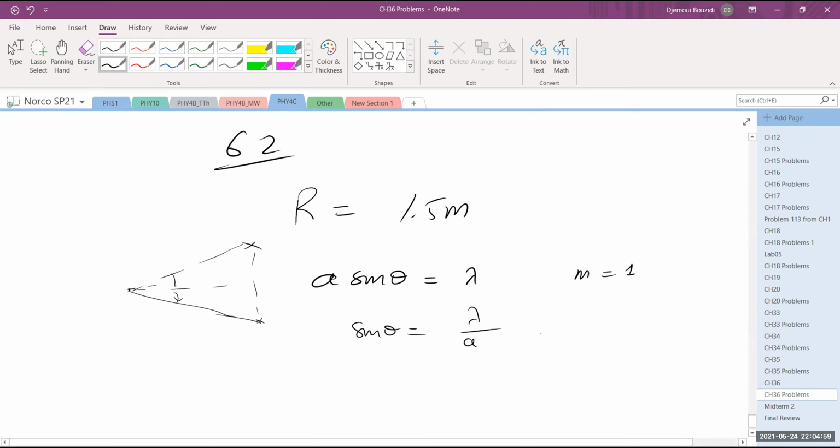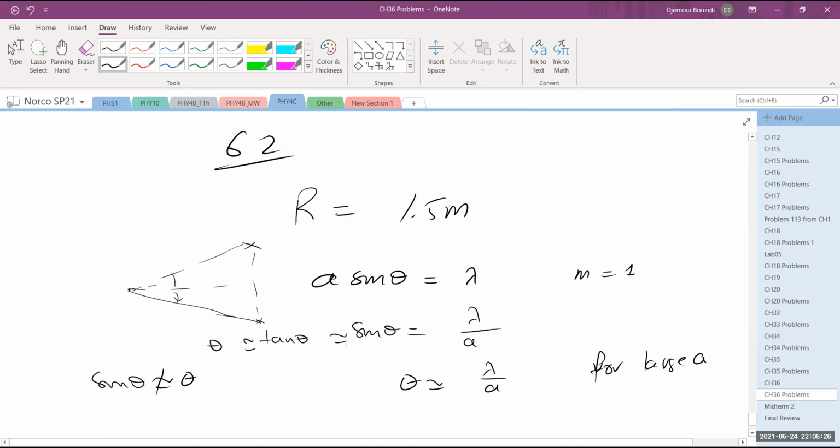And then we cannot use the simple relationship theta is equal to lambda over A only for large A. For small A, sine theta is not equal to theta. Furthermore, sine theta is roughly equal to tangent of theta for small theta also, only.